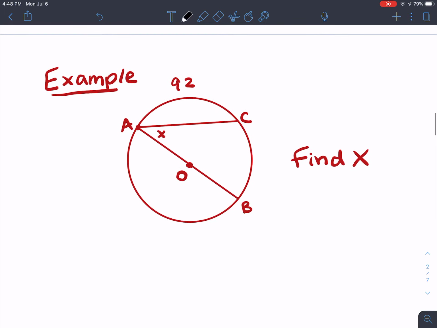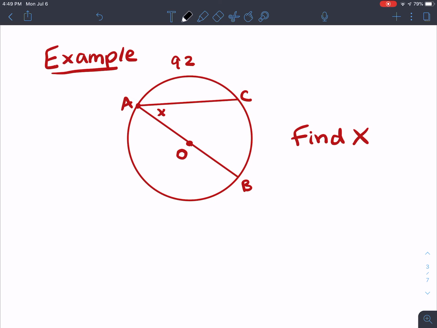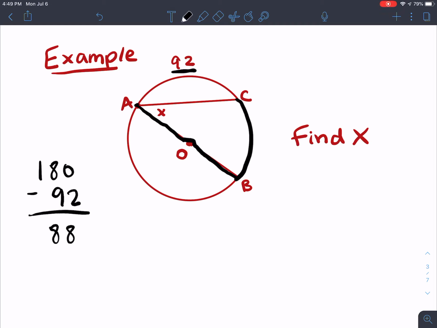So now let's try an example. So we know this line is the diameter of a circle. So if this arc is already 92 degrees, all we need to do is find this arc, and to do that we just do 180 minus 92 degrees, which will give us 88. So the measure of this arc is 88 degrees.